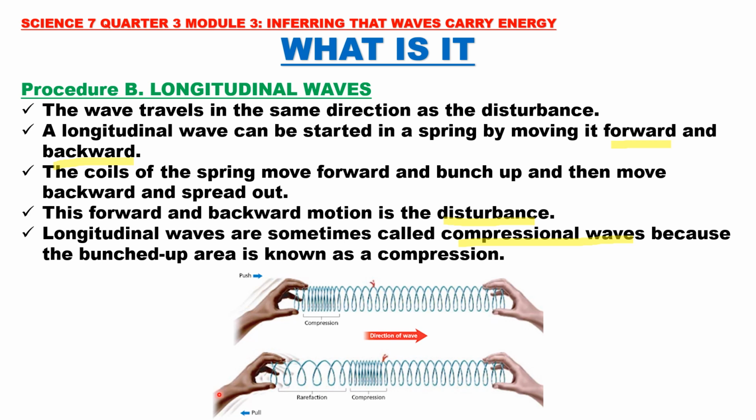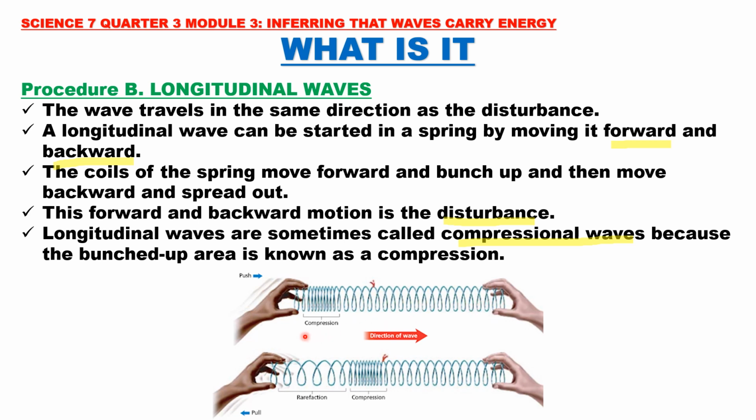So, dito naman sa longitudinal waves natin, ang movement naman ng particles ng ating medium, yung pinaka-spring natin or slinky, ay back and forth. Or to the left, to the right, to the left, to the right. Ganun ang movement niya. Tapos, yung ating wave naman, ang direction niya ay away from the source. So, kung makikita ninyo, ang particles ng medium natin ay to the left or right, or back and forth.